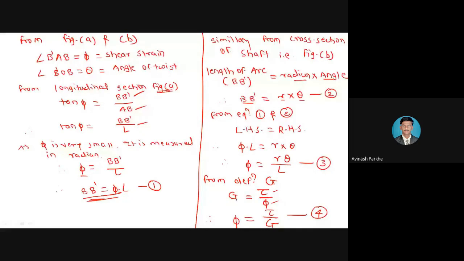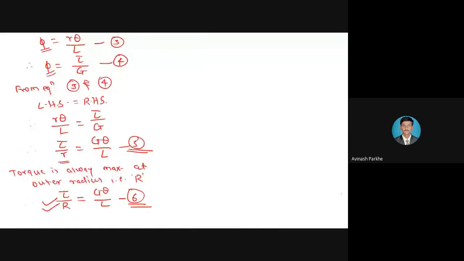Then by using the definition of modulus of rigidity, capital G is equal to shear stress upon shear strain, I have written the equation in the form of phi. After comparison of equation number 3 and equation number 4, the left hand sides and right hand sides are equal.